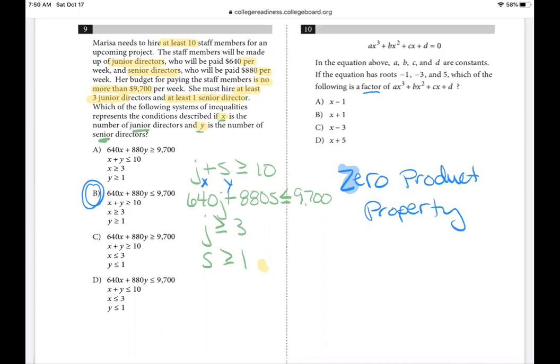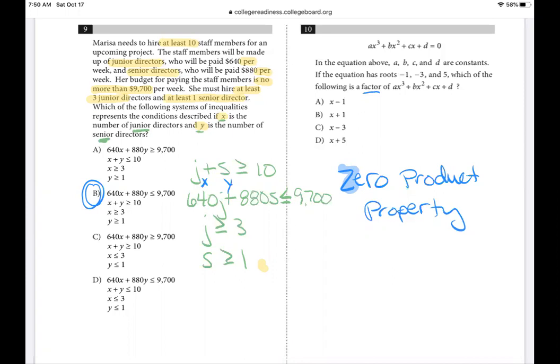So which of the following is a factor? So if a root is the x value that makes the equation equal to 0, then the factors that we're given to choose from would have to make the equation equal to 0.